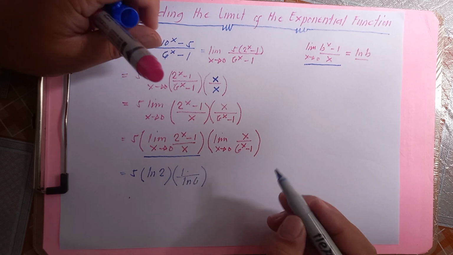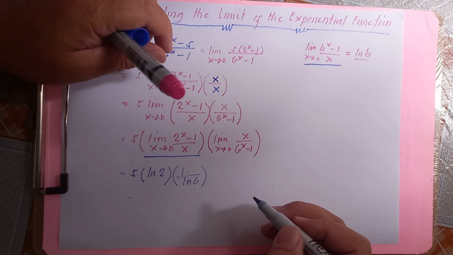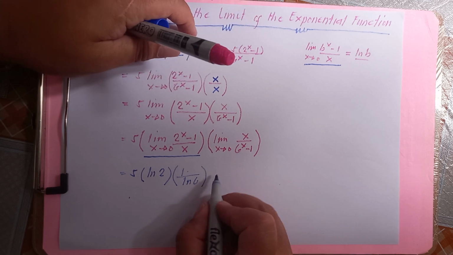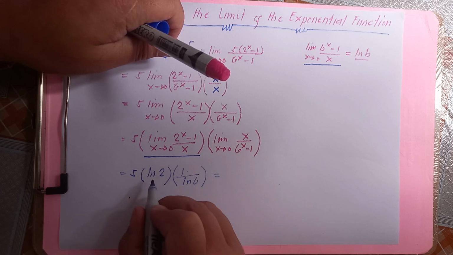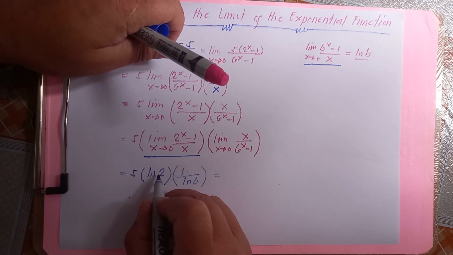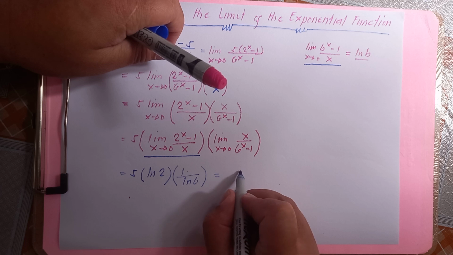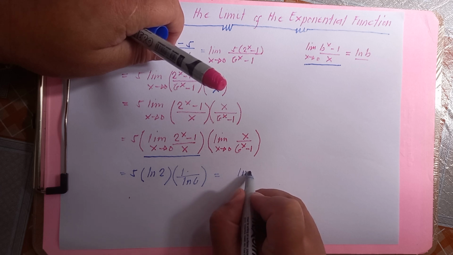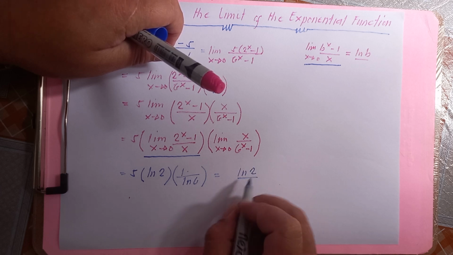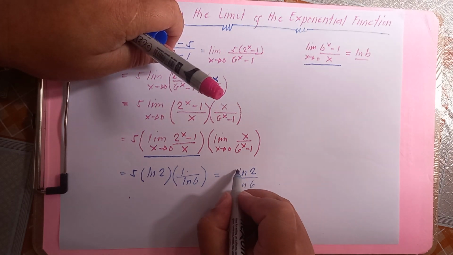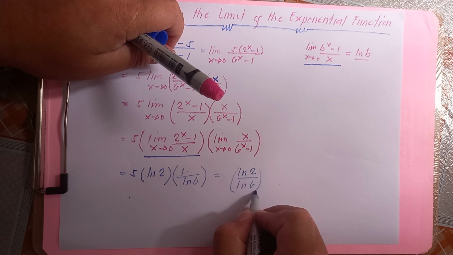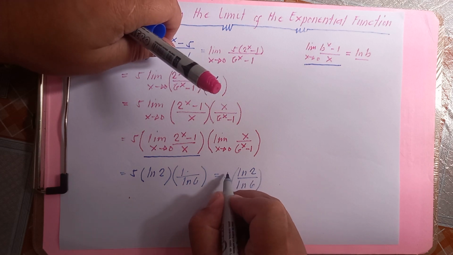So we can now multiply them by saying the limit natural number 2 multiplied by 1, that is the same as natural number 2 over natural number 6. Definitely, this is still multiplied by 5.